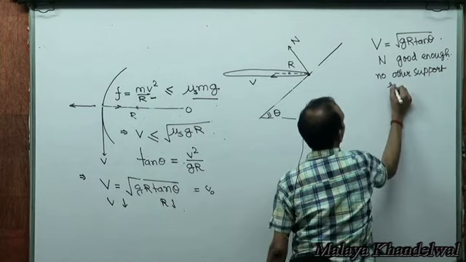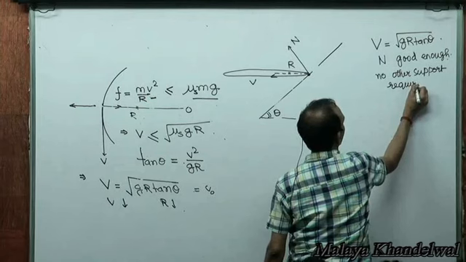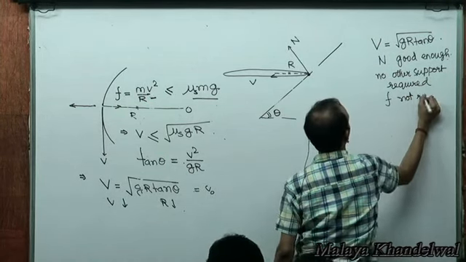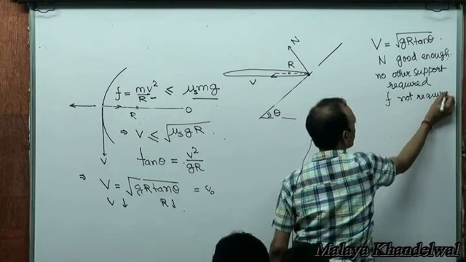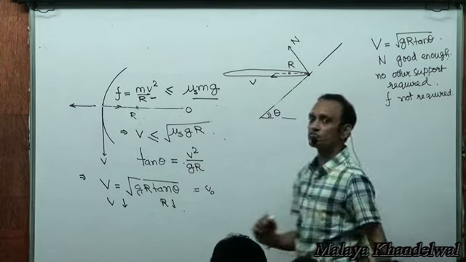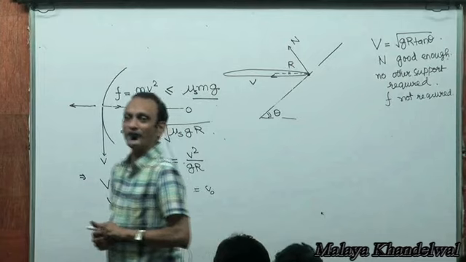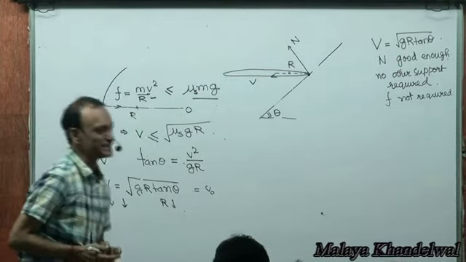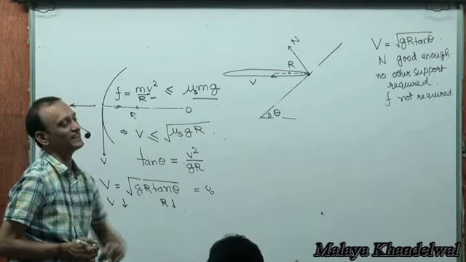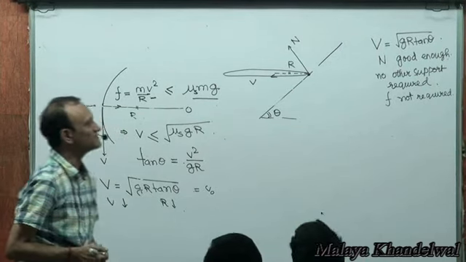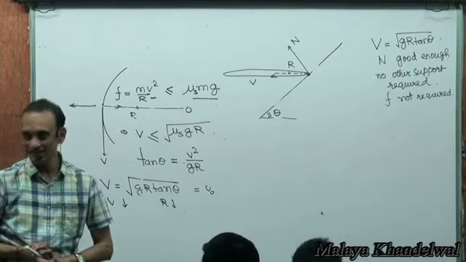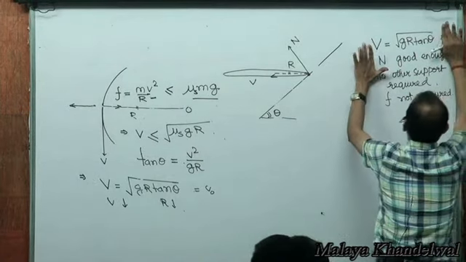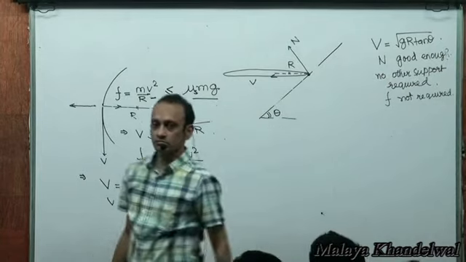Friction not required. Friction is a very self-respecting fellow. When not required, it will not come in. It will not come to you uninvited. Only when you ask for help, one kind or the other, it will come in. Right? So good. This is my standard condition.